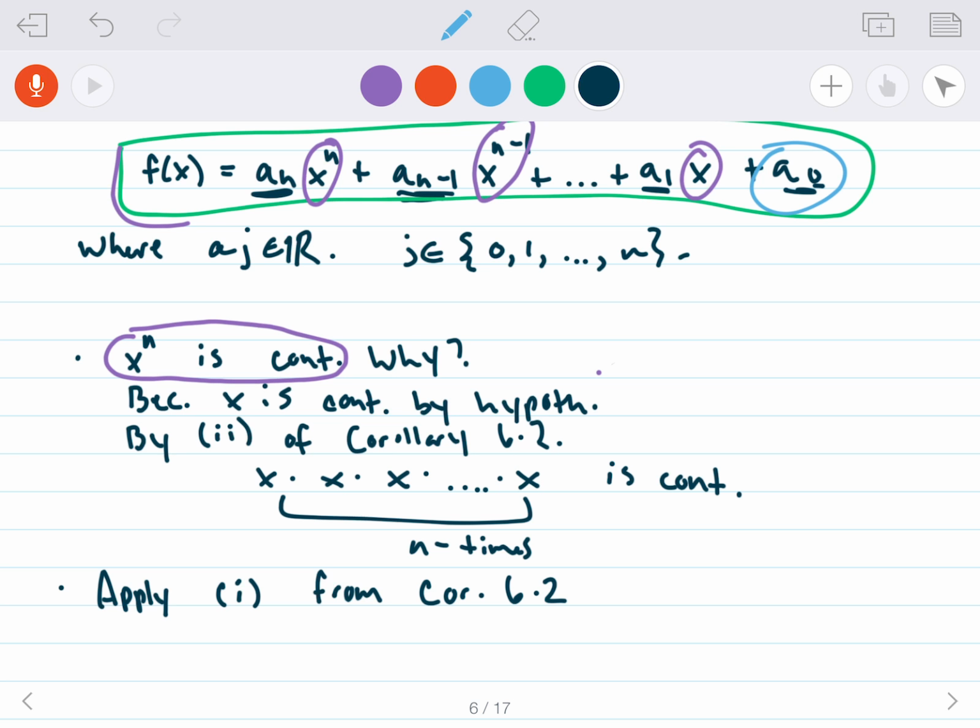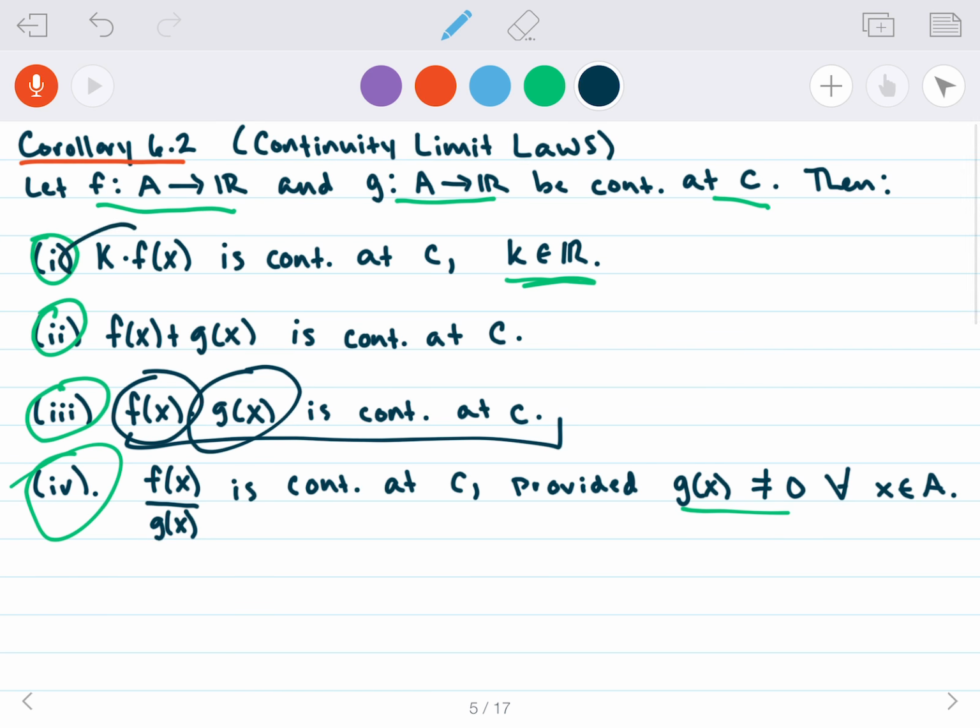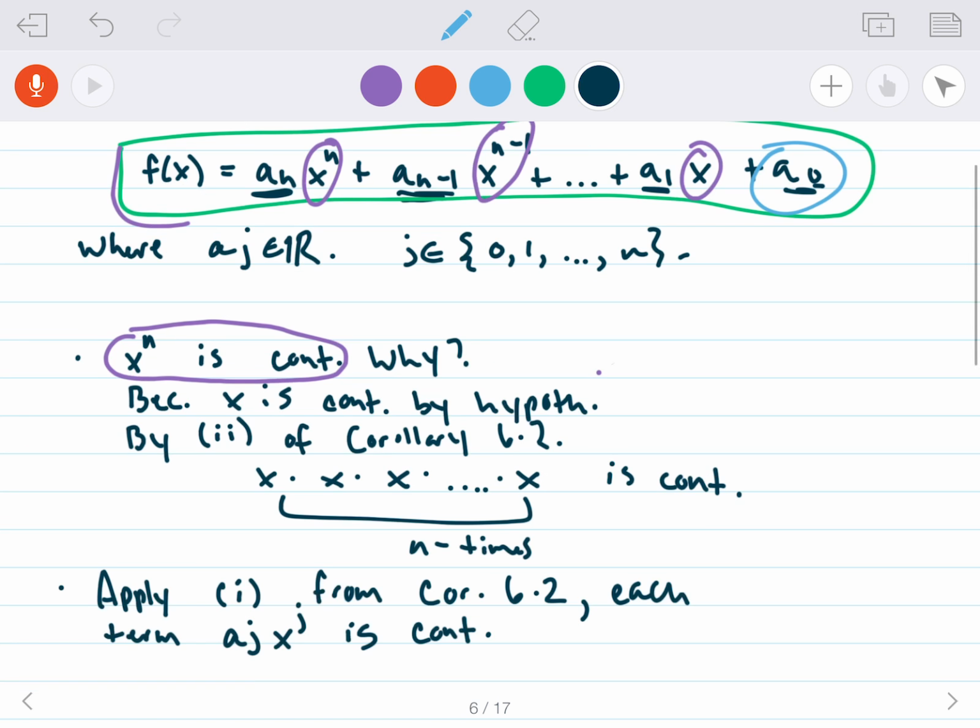So that tells us that each term, a_j x to the j, is continuous. Okay, so this is just 1. It says, well, now we know that x to the any power is continuous. If I multiply by a scalar, that's also going to be continuous. So each of these pieces is now continuous, right?